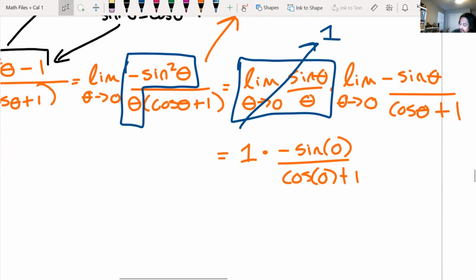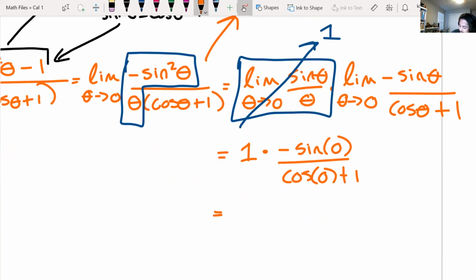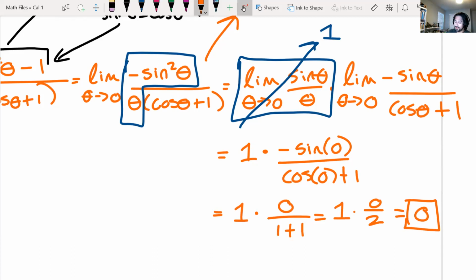And what is the value of sine at 0? 0. What is the value of cosine at 0? 1. You get 1 times 0 over 2, but none of that matters because all of this is just going to become 0. Oh my goodness.